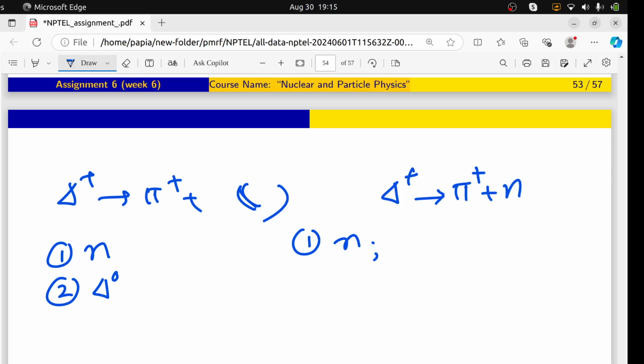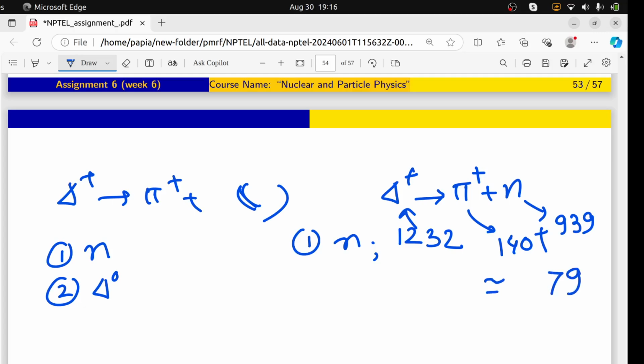The mass is 1232 for delta plus, for pi plus it is 140, for n it is 939. If I add these two, it will be 1079. It is less than 1232, so that is fine in terms of energy momentum conservation.